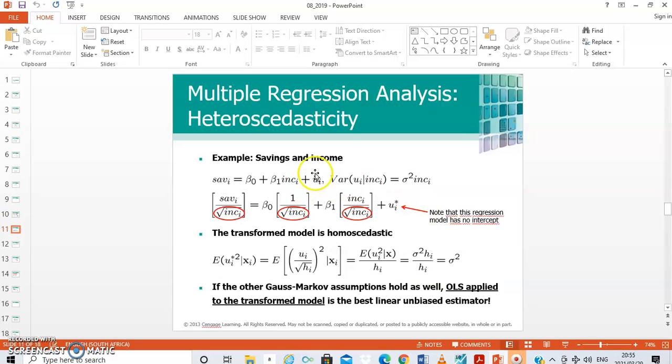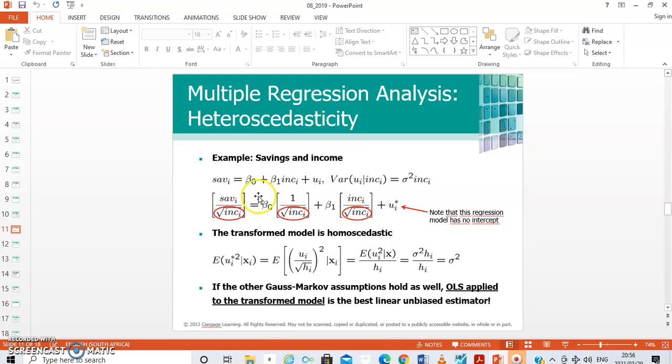Now, for example, if we use savings and income, we know that savings is a function of income. If this is our normal equation where we say savings is a function of income, and we divide every variable by the square root of income, then we have savings divided by the square root of income, then beta naught times 1 over the square root of income, plus beta 1 times income over the square root of income.